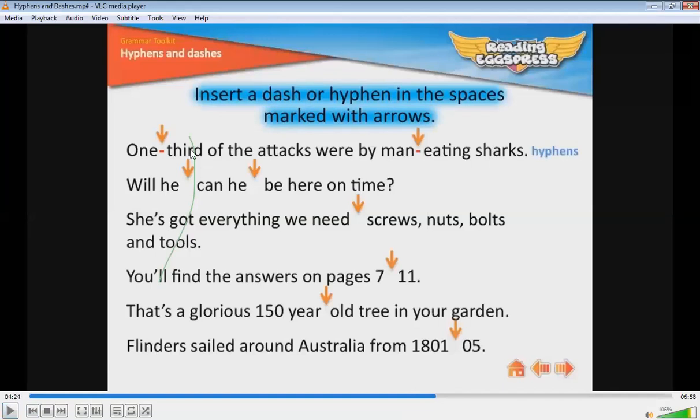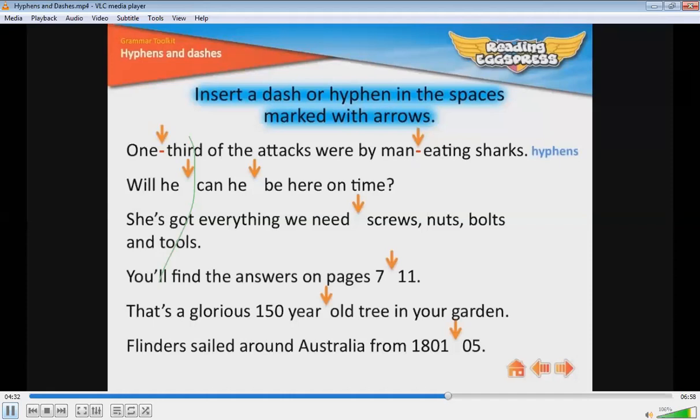As you said here, this one is a fraction, and here we have an adjective modifying sharks. So it is a hyphen, because in the first example, 1/3 is a fraction, and in the second, we have a compound adjective of two words, man-eating, modifying sharks.